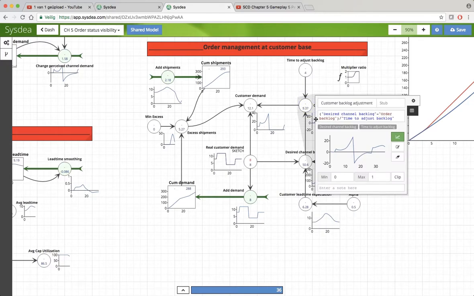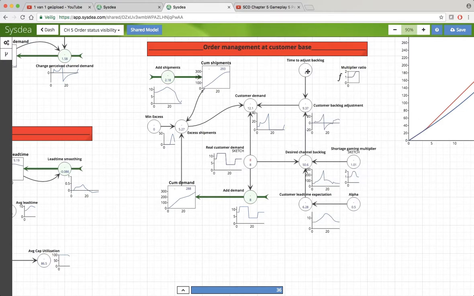And if there's a gap between those, then the time to adjust the backlog is taken to influence customer demand. So you see the customer demand becomes much more peaked up here, as you can also see in the backlog adjustment.